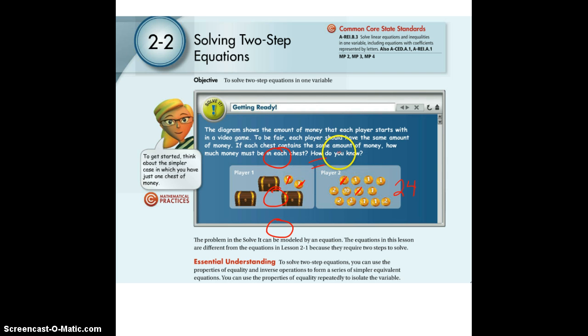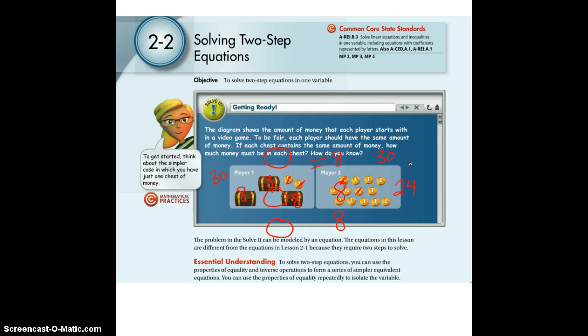So if I split it into three even groups, I would have $8 in each treasure box. So if that was the case, $8 in each treasure box, 8 times 3 is 24, 25, 26, 27, 28, 29, and 30. Each player then would have $30 total. So player 1 has 30 bucks, player 2 has $30.